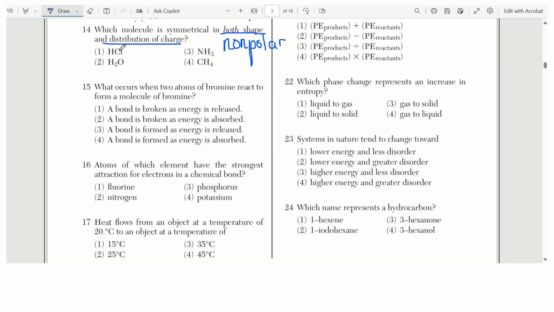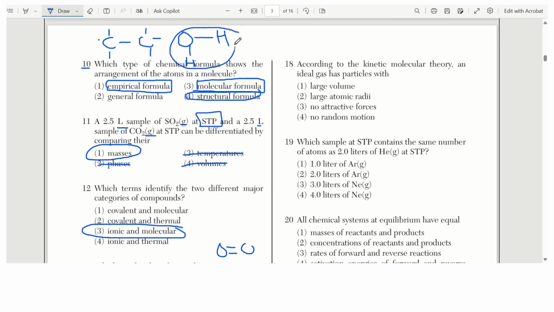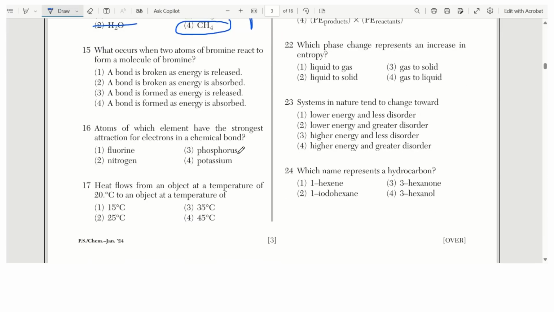This HCl, I've got Cl on this side and H on this side. That can't literally be even. Here I drew what water looked like. That is not an even distribution of charge. So now between these two, which one has an even distribution of charge and it is symmetrical in shape? It is methane. Okay, ammonia is polar.